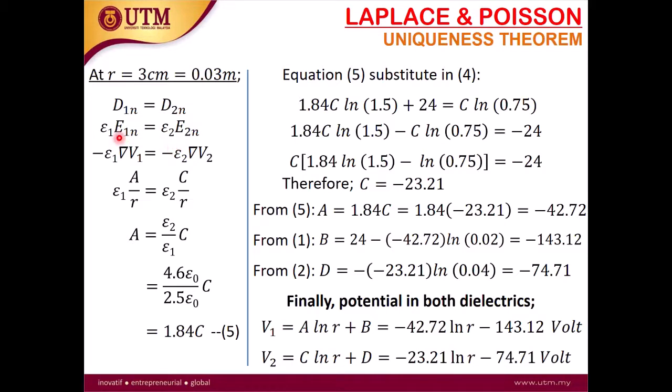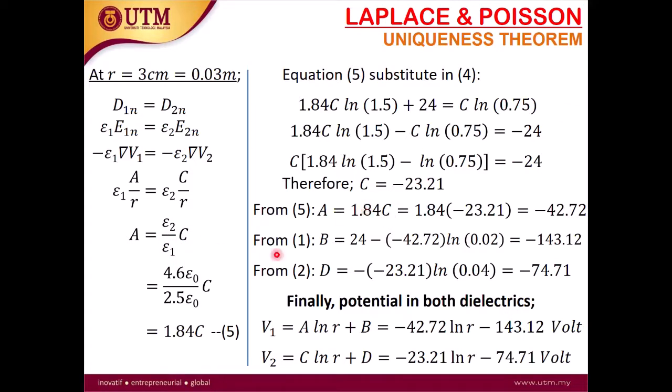We can find E1 and E2 using the gradient of V, so E equal to negative gradient V. For E1 we have negative gradient V1, for E2 negative gradient V2. The gradients give A divided by R for V1 and C divided by R for V2. So we rearrange the expressions, and finally we have A equal to epsilon 2 divided by epsilon 1 C.